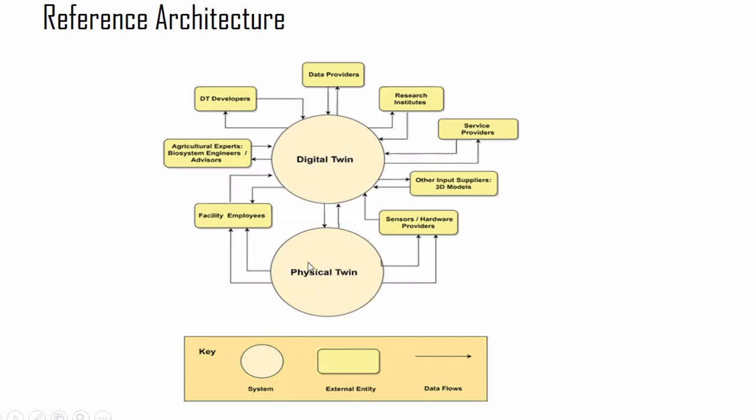See here, the physical twin is directly interacting, and what kind of data are they sharing? Sensor hardware providers are there, and through them they share the data. The physical twin shares the data, and here facility employees are there, I mean some human beings. Through them we are able to share the data to the digital twin.